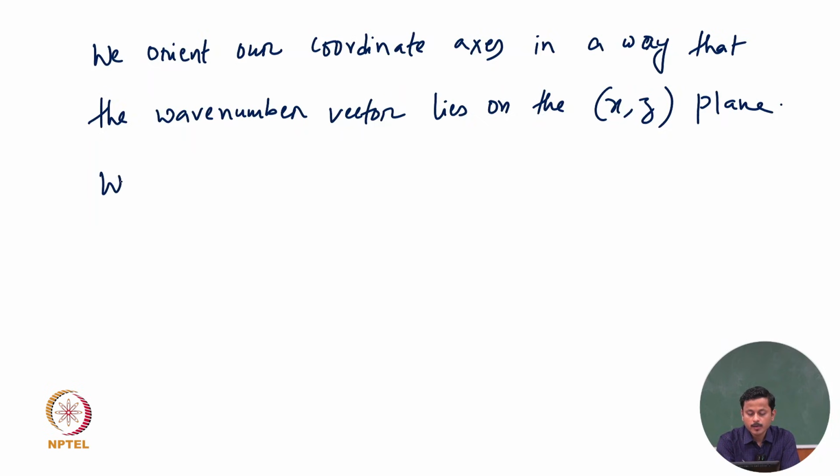In this case, we will have ky equal to 0. So there is no loss of information in this kind of orientation.